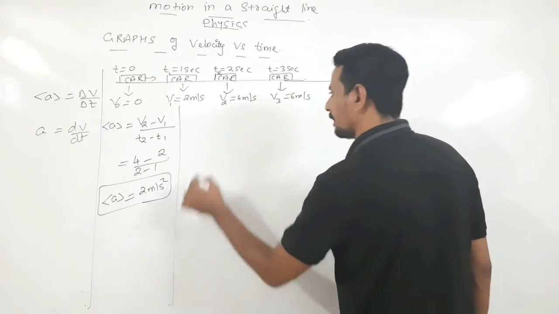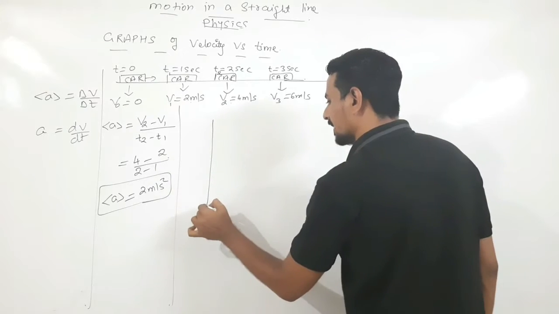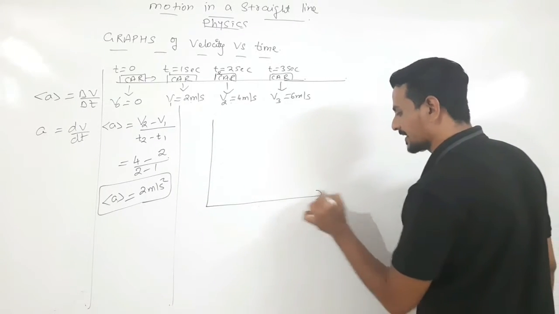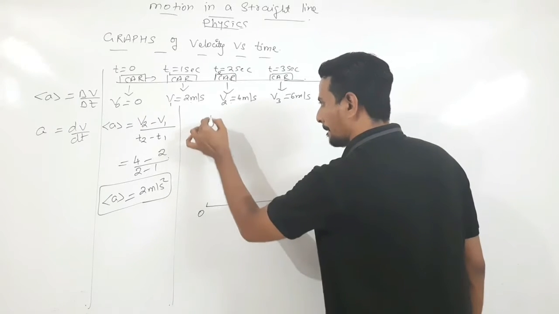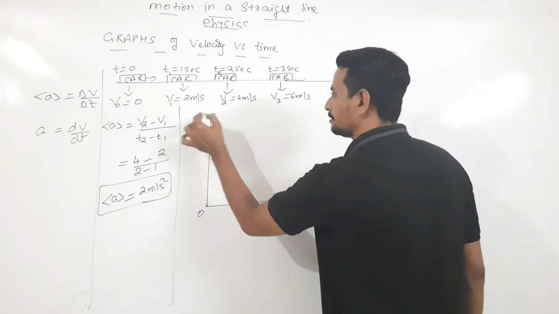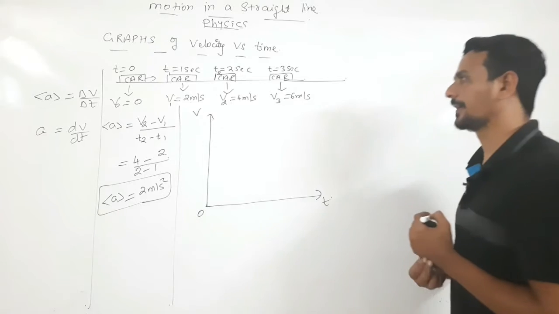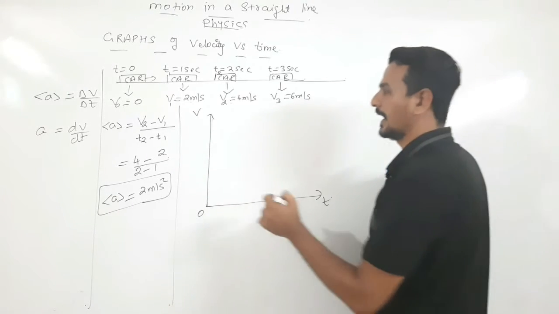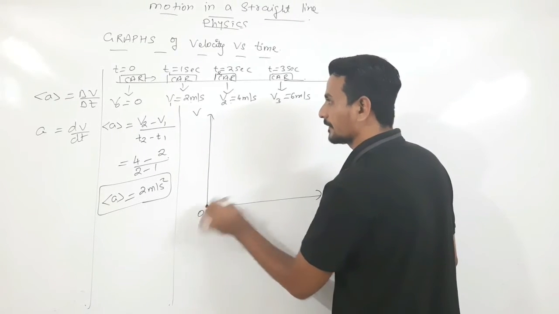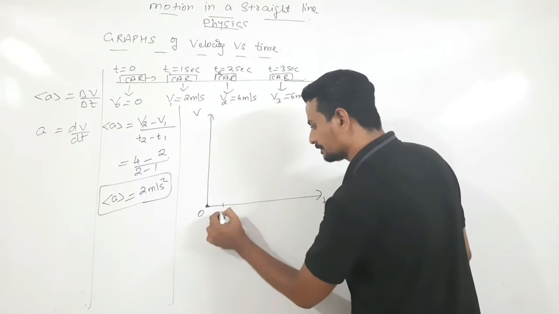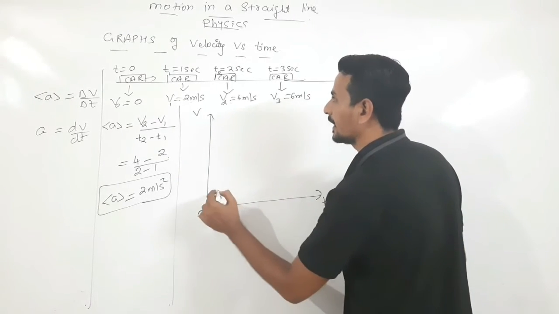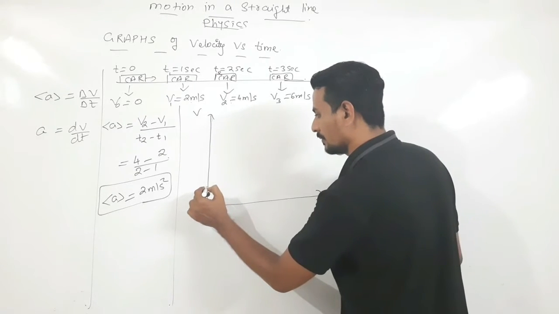So let us draw the graph of velocity versus time for this case. At t equals 0, the velocity of the car is 0. At t equals 1 second, the velocity of the car is 2.